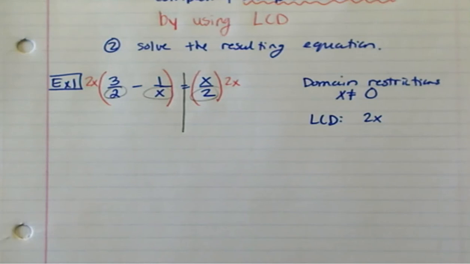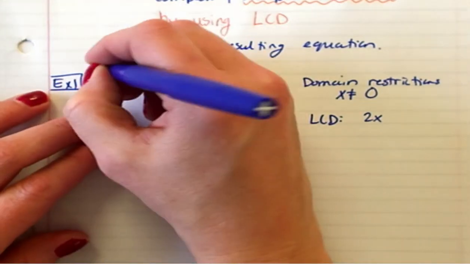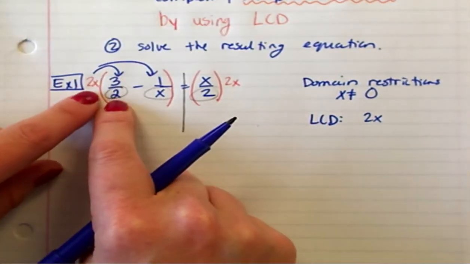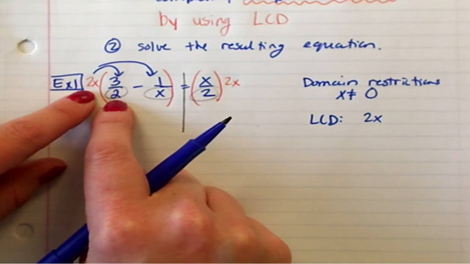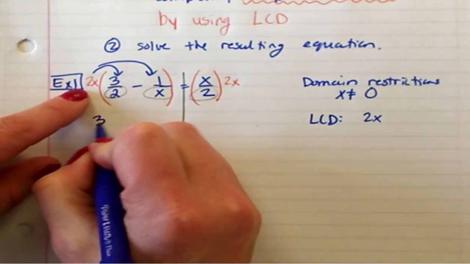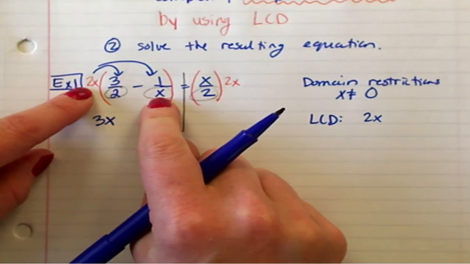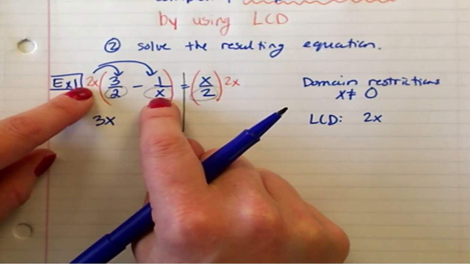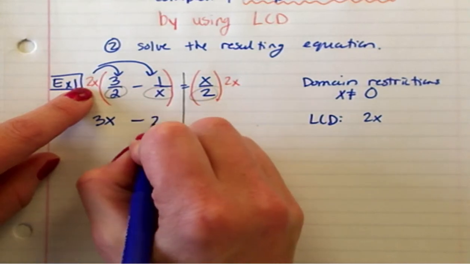This strategy is different from multiplying by 1. Okay, let's distribute and see what happens. The 2 reduces and you're left with 3x. The x reduces and you're left with minus 2.